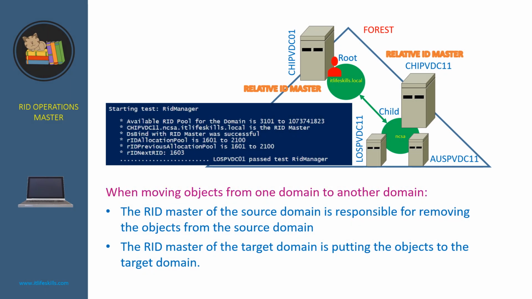Also, when moving objects from one domain to another domain, the relative ID master of the source domain is responsible for removing the objects from the source domain, and the relative ID master of the target domain is putting the objects into the target domain.